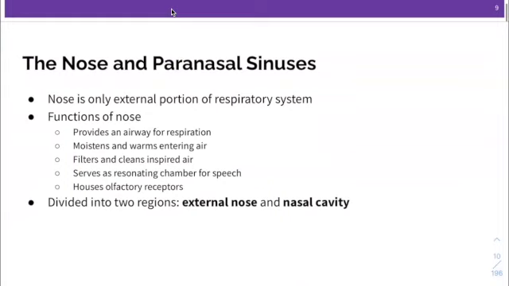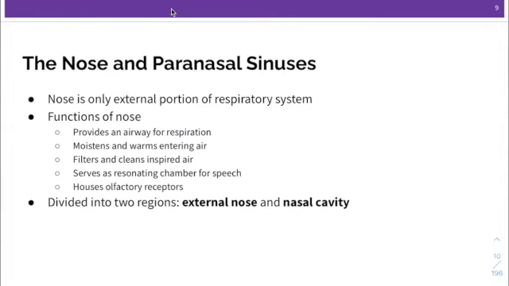Our upper respiratory system has our nose and our paranasal sinuses. The only external part of our respiratory system is that nose. That's the part where we breathe air in. Technically, the back of our throat, our mouth in a way does too, but our nose is meant specifically for breathing.